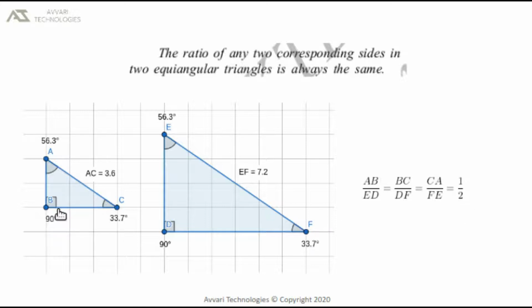Finally, the length of AC is 3.6 units and the length of EF is 7.2 units. The ratio of AC and EF is 3.6 by 7.2, that is 1 by 2.